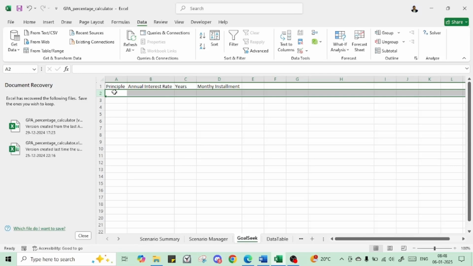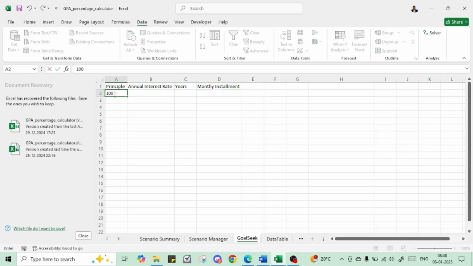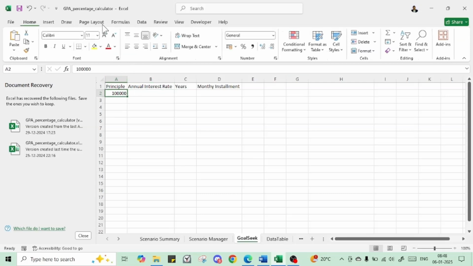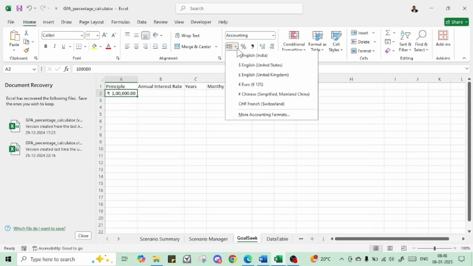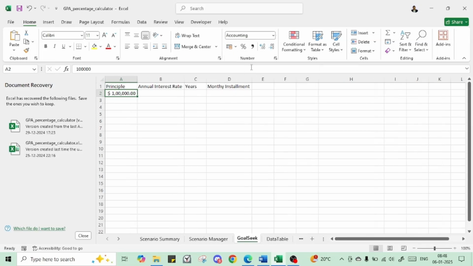The principal is $100,000, represented in currency format. The annual interest rate is 6%. The number of years is 10 years.